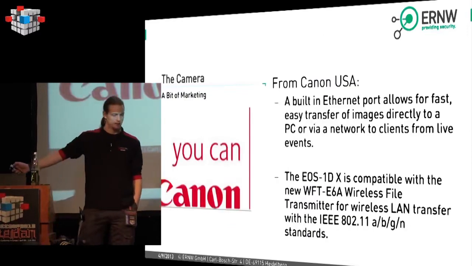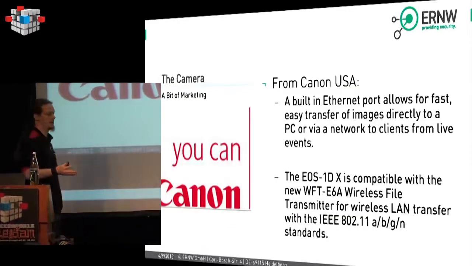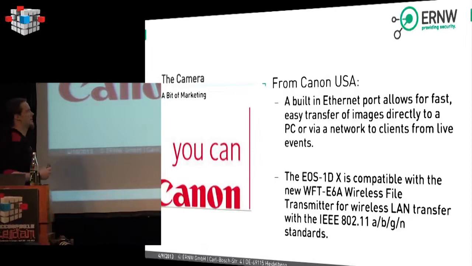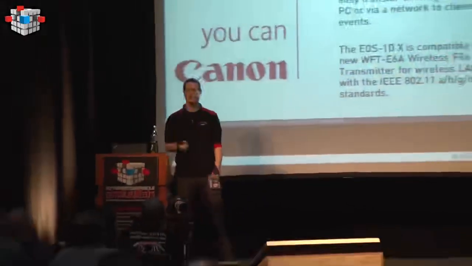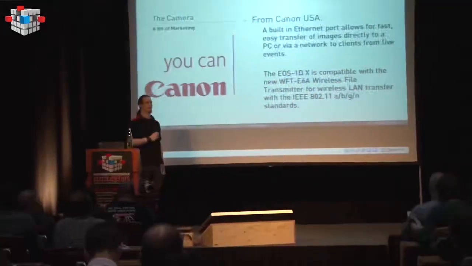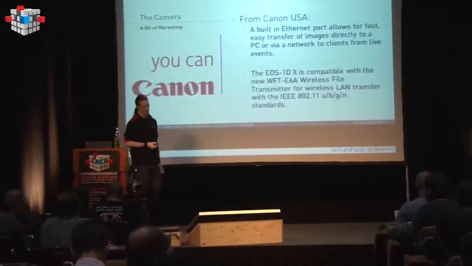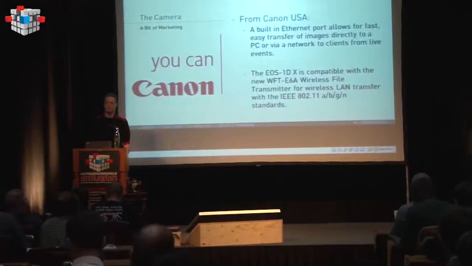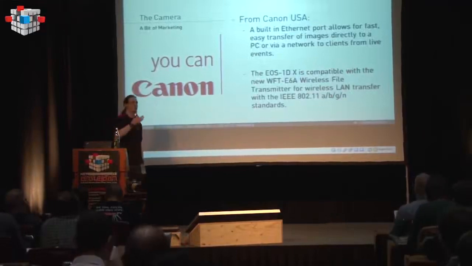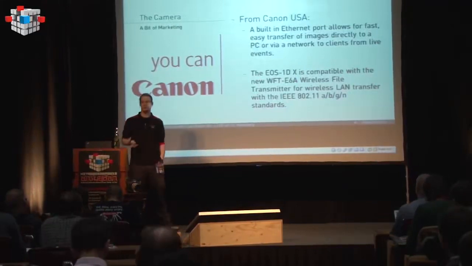Canon USA has some really nice marketing. They say we now have a built-in Ethernet port that allows fast and easy transfer of images directly to the cloud. Also, there is a wireless interface on this camera, so you can even upload the images to the cloud from any hotspot around the world.